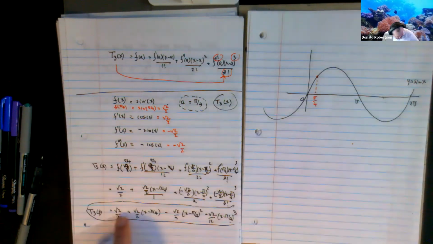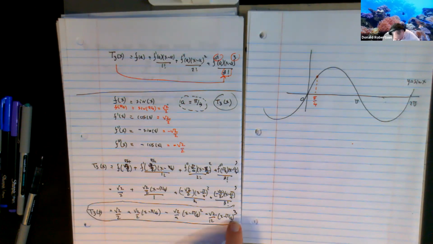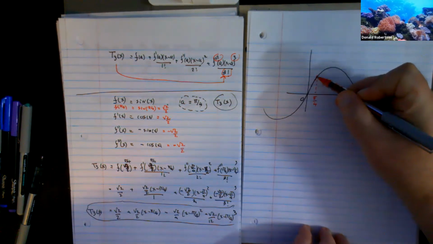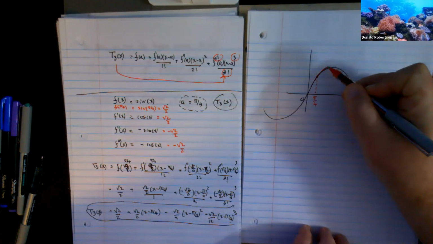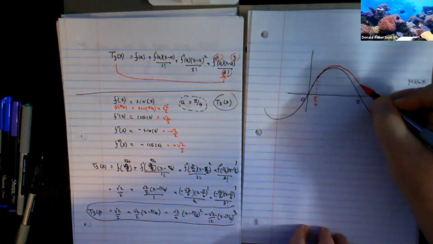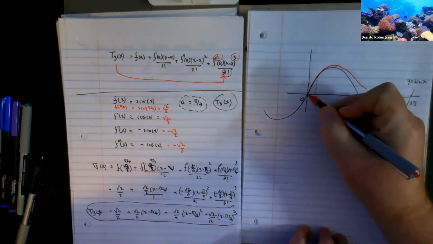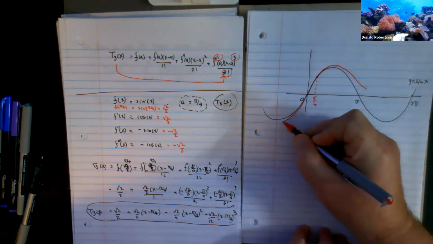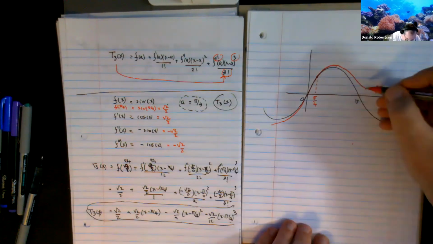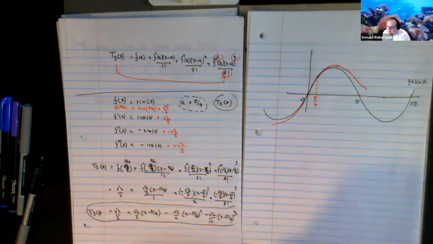If I put this guy into my calculator, what I would get is a really perfect fit here. And then it would drift away, and then it gets less accurate. Can you see it's a pretty good fit about here, and then it kind of drifts.